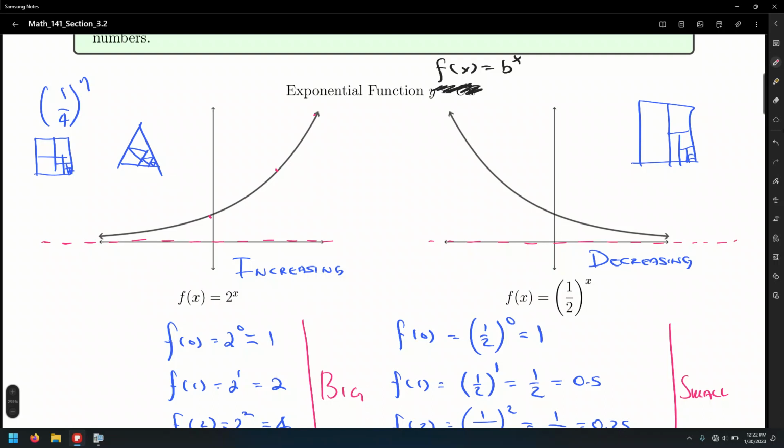Where have we seen this? Exponential functions, amongst many other things, are used to model population growth and decay. Let's talk about population decay. During the pandemic, we used a lot of Lysol to clean everything up.